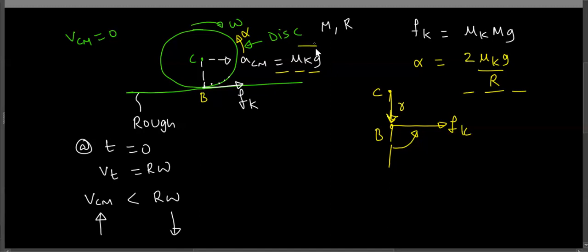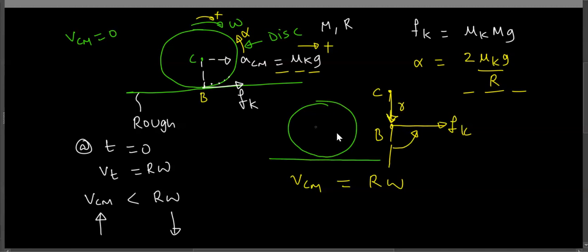I'm taking right side as positive and clockwise direction as usual as positive. Here again, I'm trying to get the time in which the pure rolling begins. So I want my VCM equal to R omega. Once the disk starts rolling without slipping, it will have some velocity and some omega.